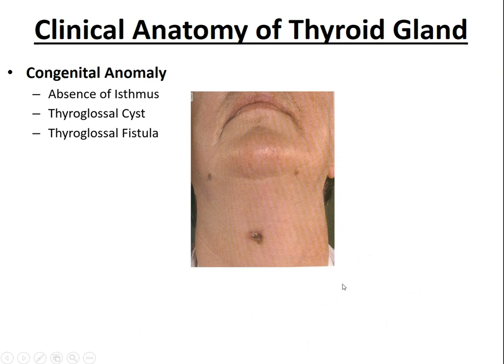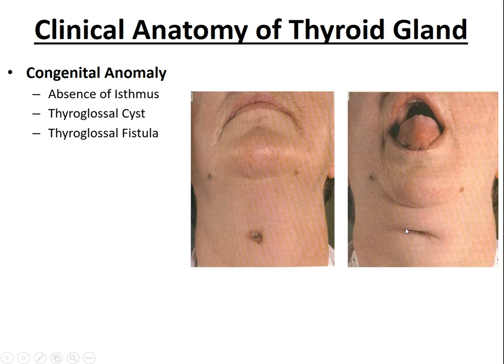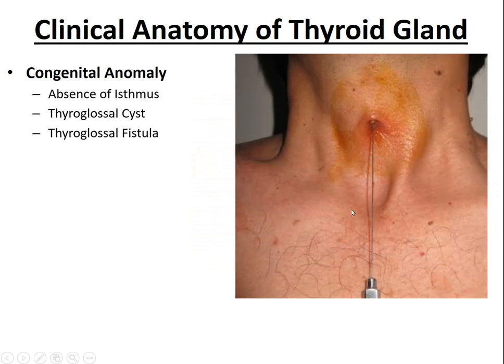And if that cyst bursts and opens onto the skin surface, it forms a thyroglossal fistula, which can also move during protrusion of the tongue. And we can pass a probe and know the path of that thyroglossal fistula.